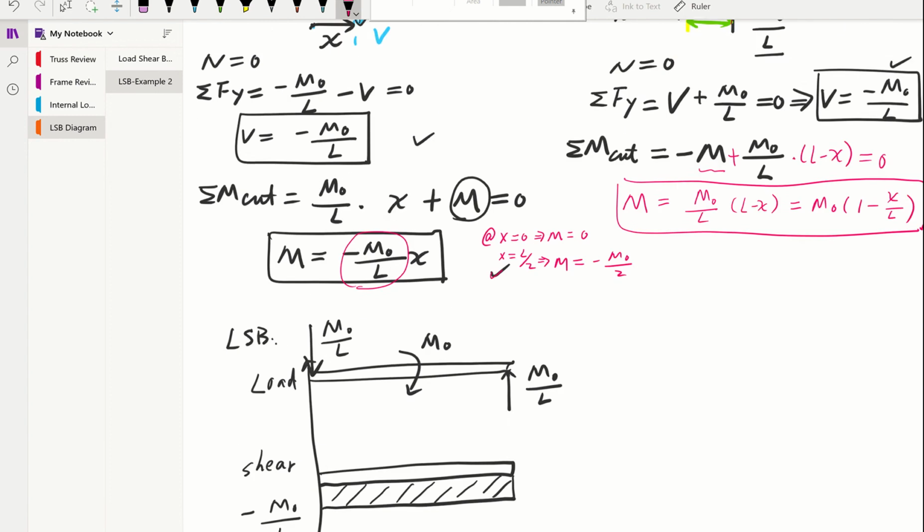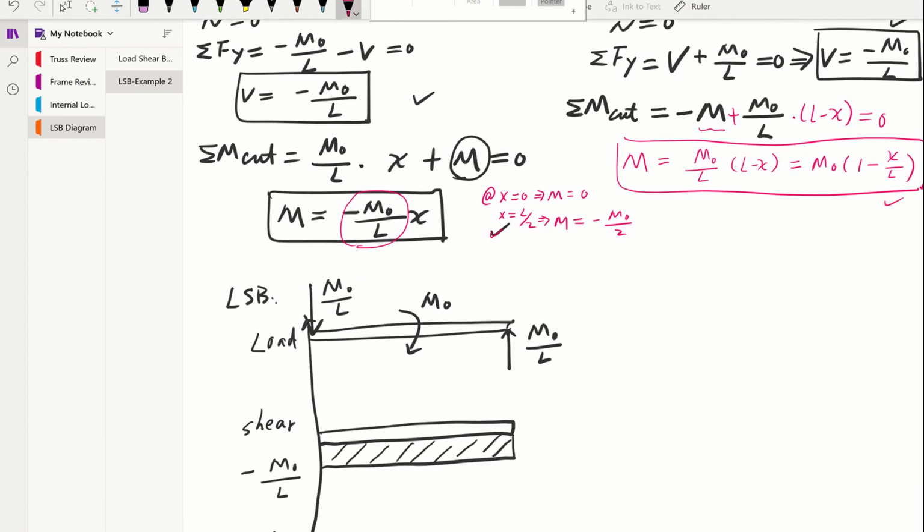So for the second half, we'll have this equation. And we will do the same thing. Plug the beginning point and end point. Beginning point, this starts at L over 2. End point is L. And when you plug it in, when you put x equal to L over 2, I believe the answer will give us that value.